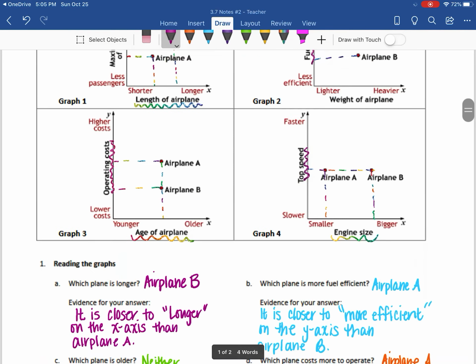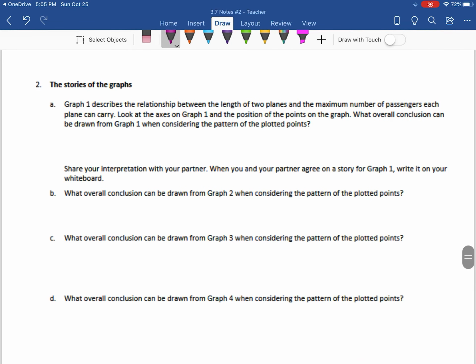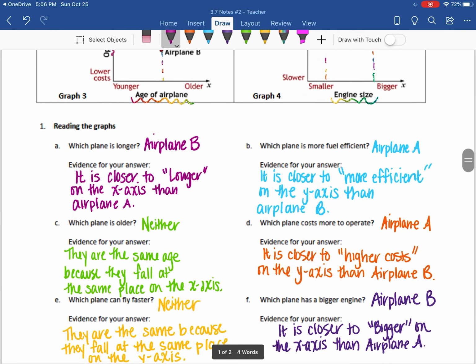Okay, so really what we can infer is that a longer plane can carry more people. Okay. What overall conclusion can be drawn from graph 2?